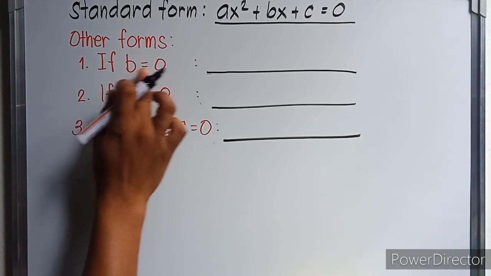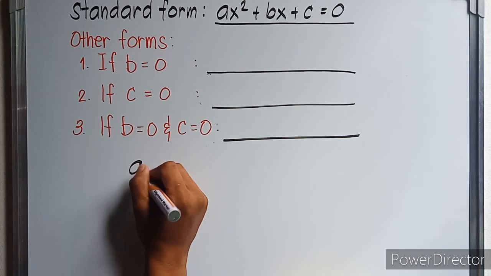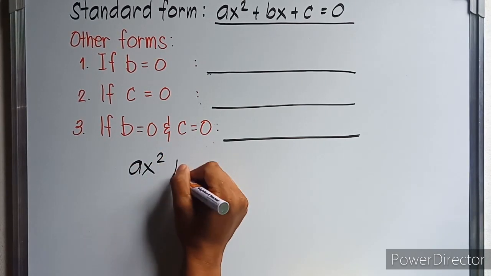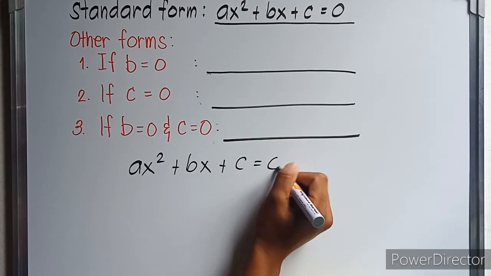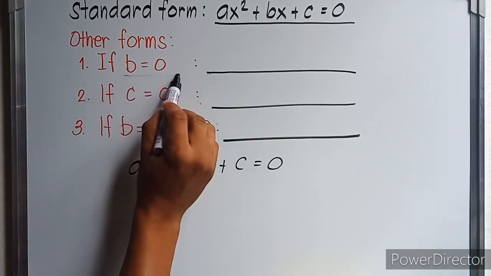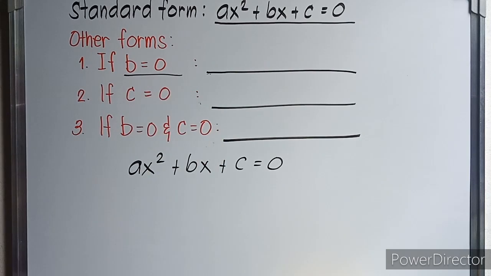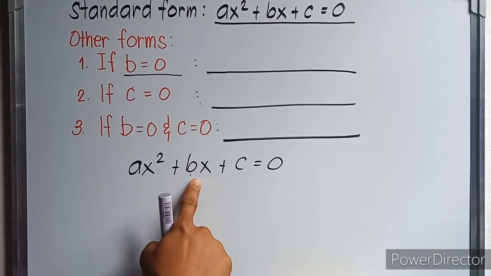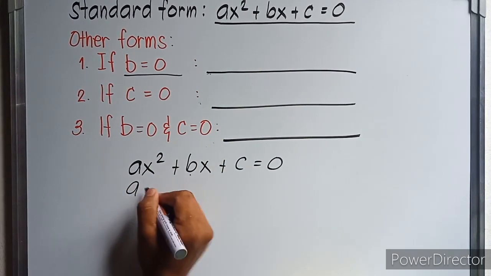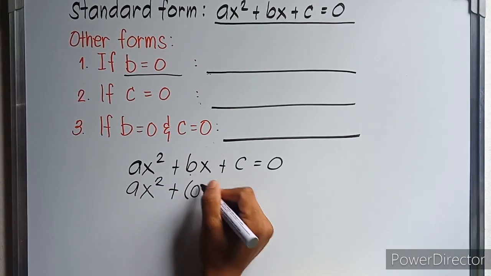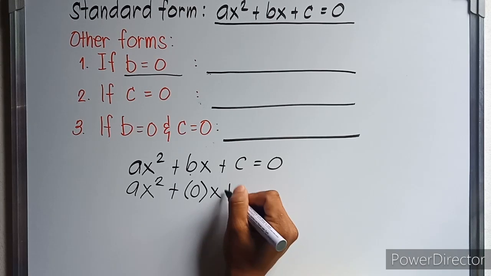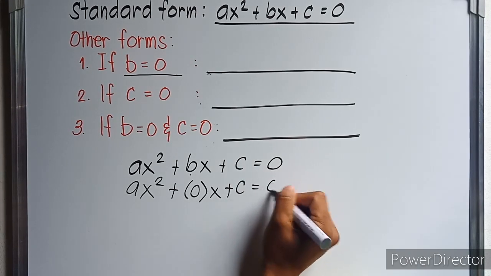If b is equal to 0, so from ax squared plus bx plus c is equal to 0, we are going to substitute b is equal to 0. Here, we will change b to 0. So this will become ax squared plus 0 times x plus c is equal to 0.